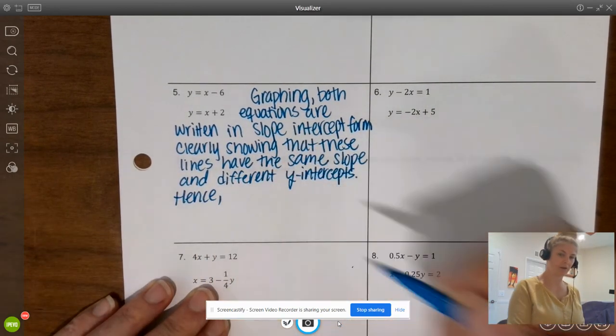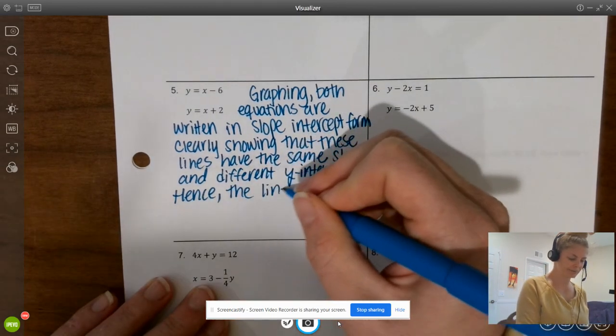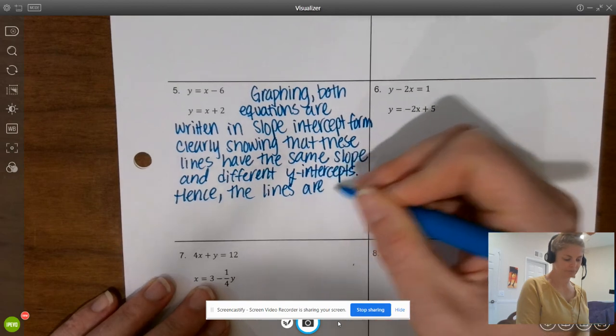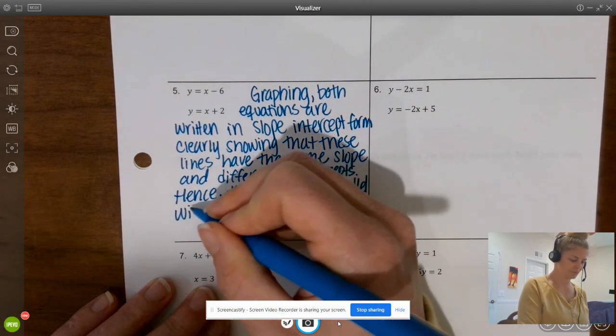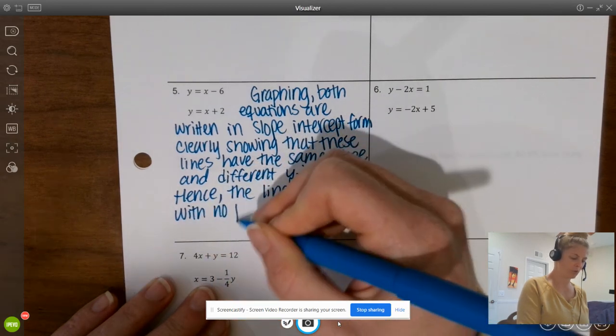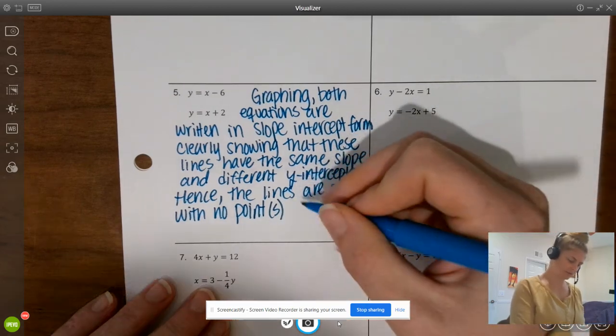Hence, what do we know? The lines are parallel, with no point of intersection. Point or points, we should say.